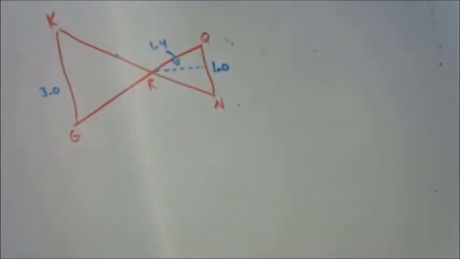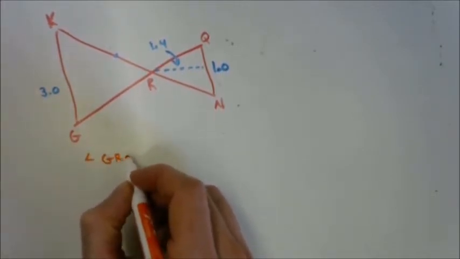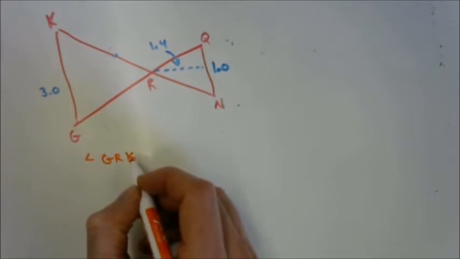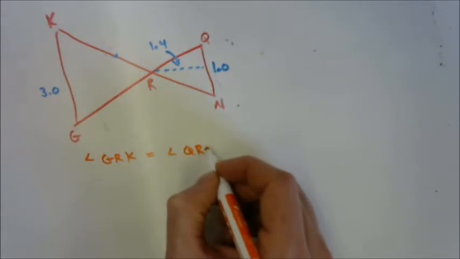Now that we have our simplified diagram and the things that we already know about it are labeled, we need to make sure that we can even use this strategy for finding area by showing that we have 2 similar triangles. Would anyone like to give me the first corresponding angles for showing that we have 2 similar triangles here? Angle GRK is equal to angle QRN.